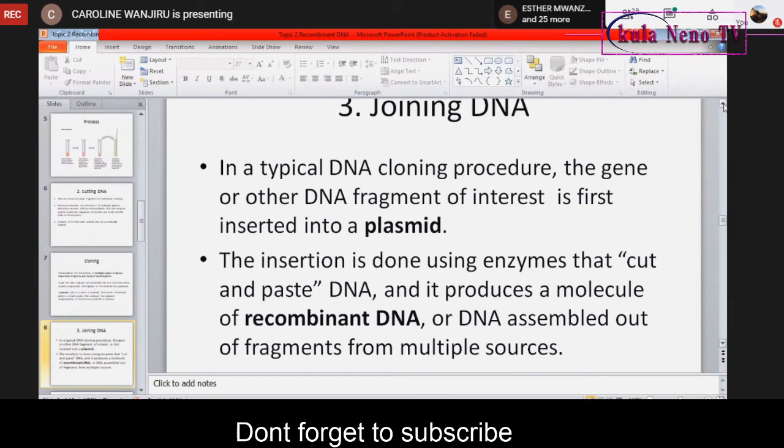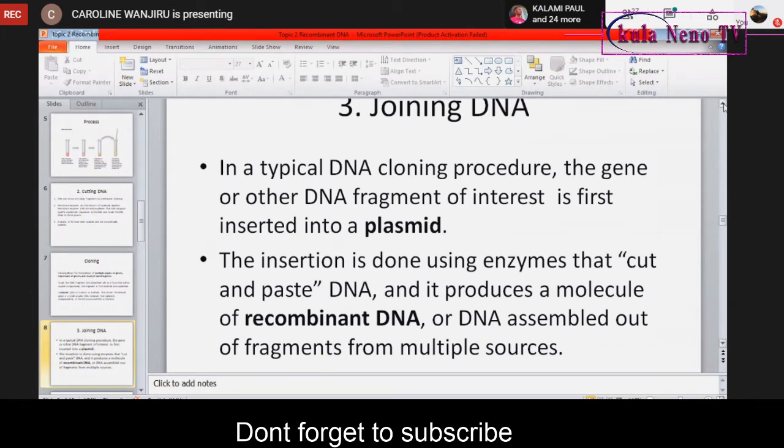That one, we know it already now. We can sing it. The insertion is done using enzymes that cut and paste DNA, and it produces a molecule of recombinant DNA, or DNA assembled out of fragments from multiple sources. I think we've also gone through that.